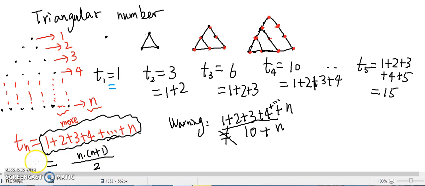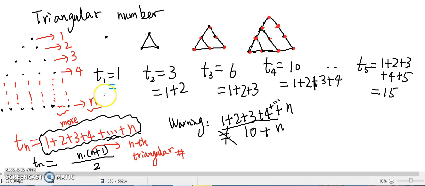So this is a Tn formula. In the formula, n here represents how many rows we have, or the nth triangular number. So we look at the first number.